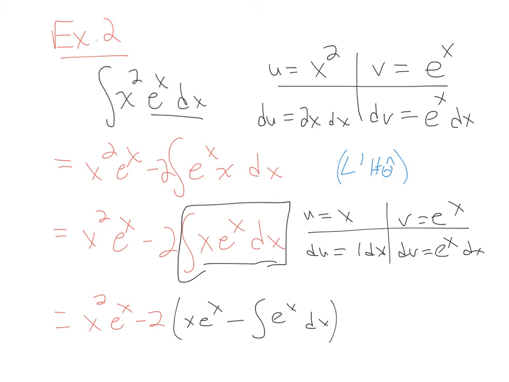And now we can integrate this, and when we do so, we get a final answer. It's going to be x squared e to the x minus, and then we have 2x e to the x, and then this minus sign gets distributed, so just be careful there. So that's actually going to be a plus.